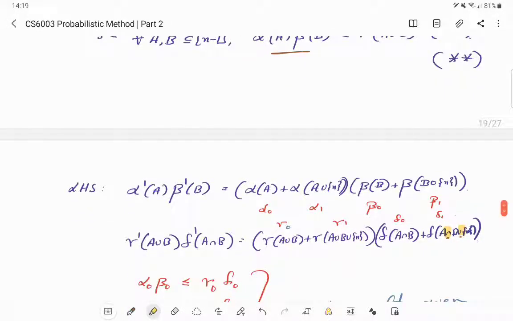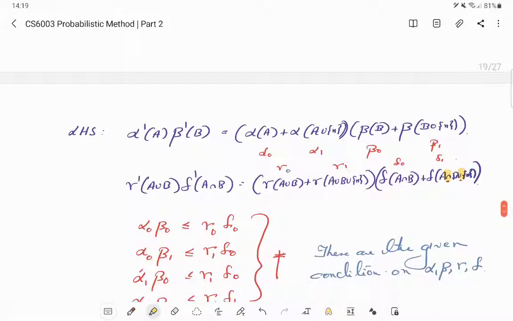Okay. So now, these 8 terms, let me give them some symbols. This alpha of A I'll denote as alpha 0, alpha of A union N I'll denote as alpha 1. Similarly, beta 0, beta 1, gamma 0 is gamma of A union B, gamma 1, delta 0 and delta 1.